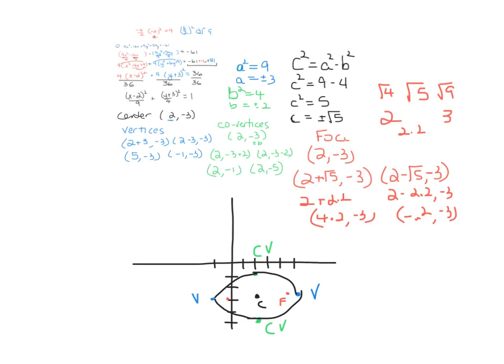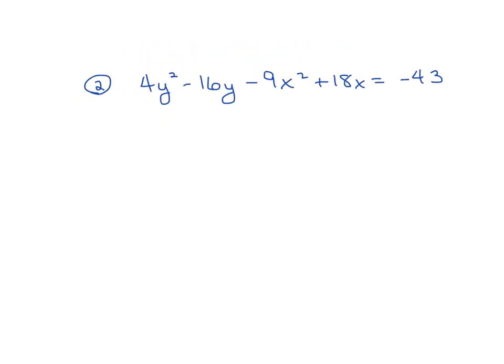Let's try the completing the square for the hyperbola. All right, so now we'll do the hyperbola. Again, we need to complete the square. So again, we're going to do 2 completing the square questions here essentially. So group the y's, group the x's.